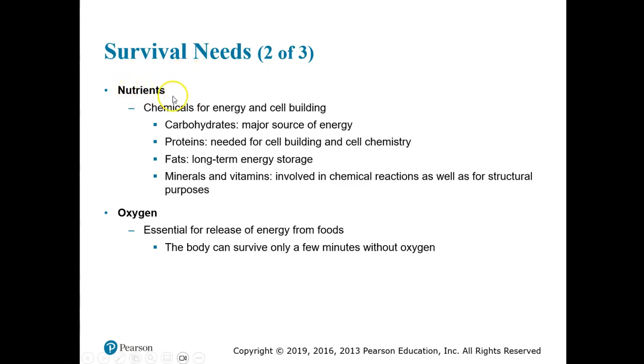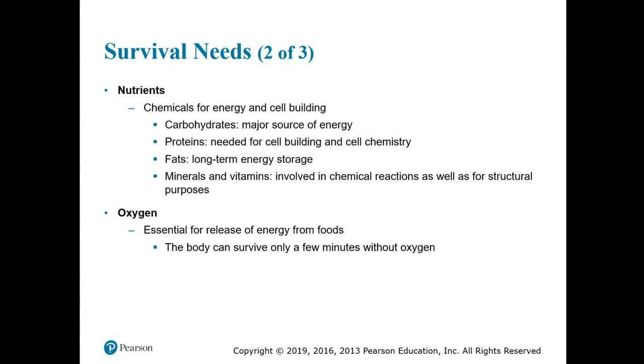Let's look at nutrients real quick. I did say the nutrients that we need are carbohydrates, proteins, fats, vitamins, and minerals. We need oxygen. We can only survive a few minutes without enough oxygen. Oxygen combines with, most of the time, carbohydrates, and most of the time it's actually a simple sugar called glucose.